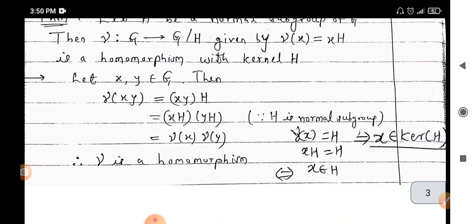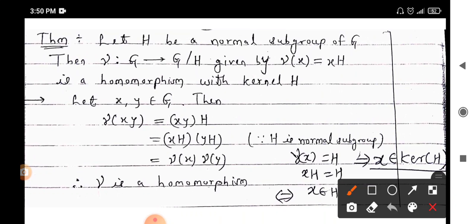Now we prove the result. For X, Y belonging to G, gamma of XY from the definition is the coset XYH, which equals XH YH since H is a normal subgroup; from the definition of cosets, ABH is defined as AH BH, since H is normal.